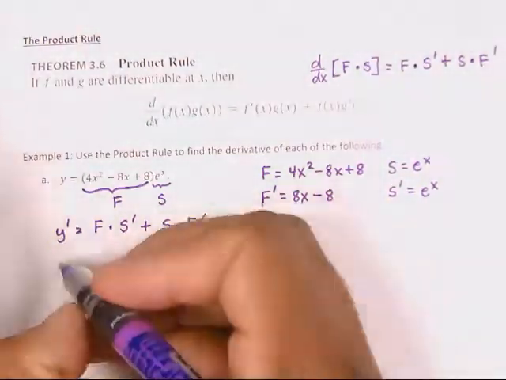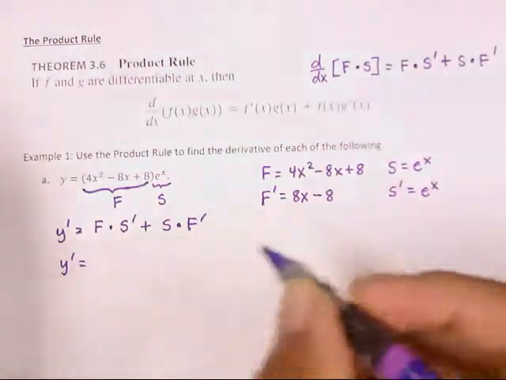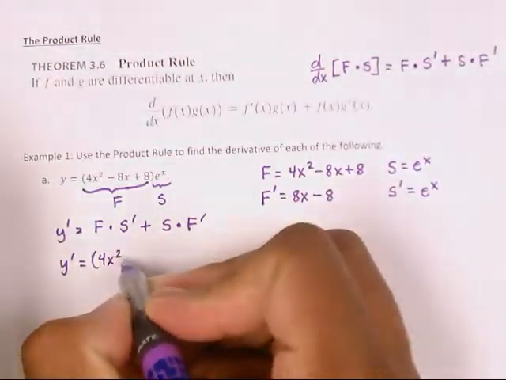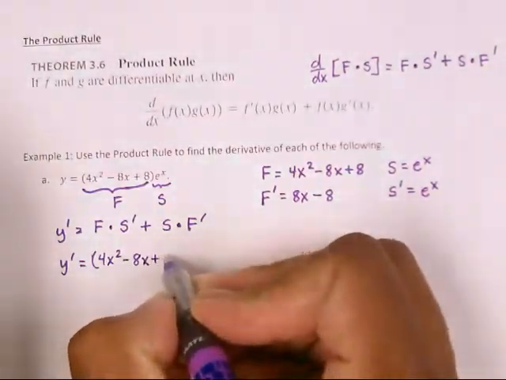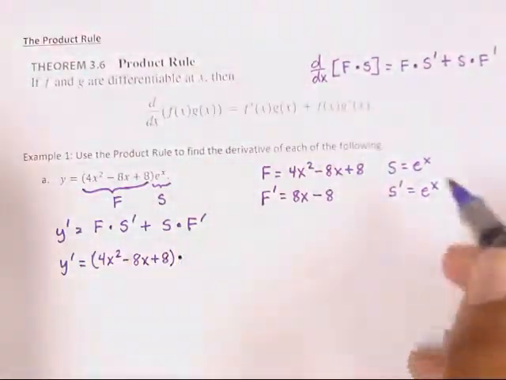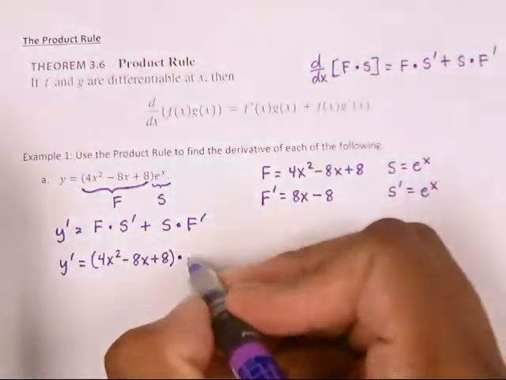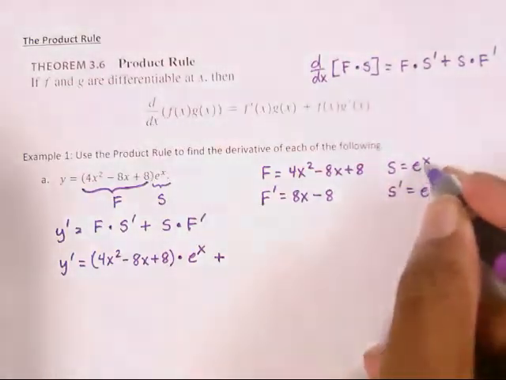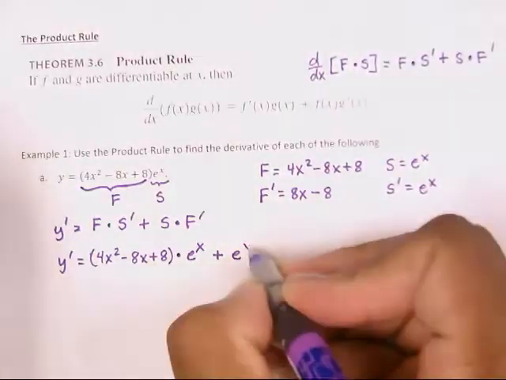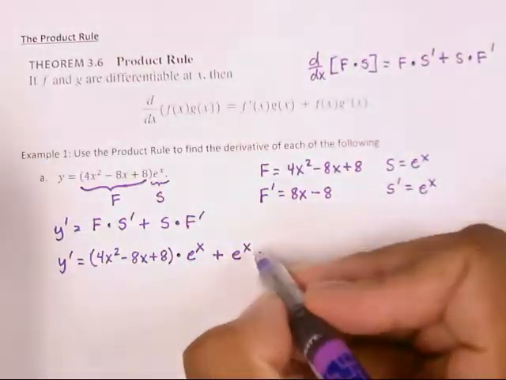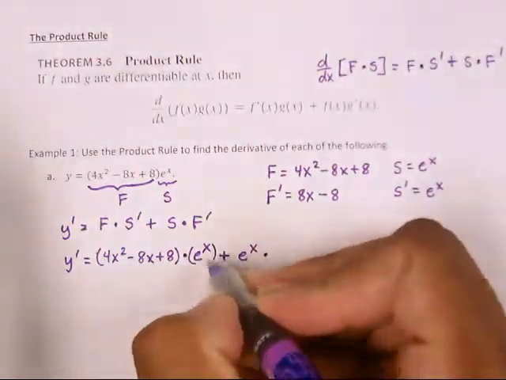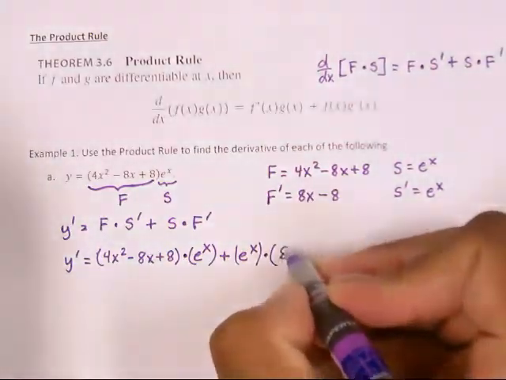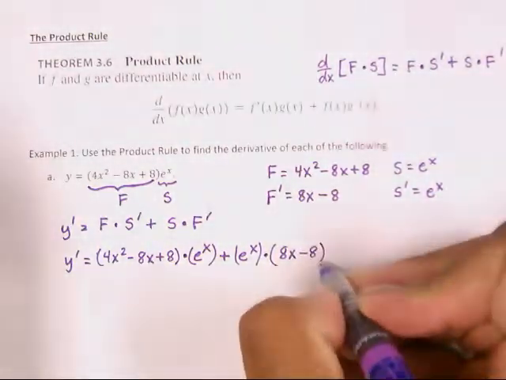So in this case here, I'm going to have y prime equal to the first term, which is 4x squared minus 8x plus 8, and that's times the derivative of the second, which is of course e to the x, and then plus the second, which is again e to the x, times, and I'll put these in parentheses here, the derivative of the first, which is in this case 8x minus 8.